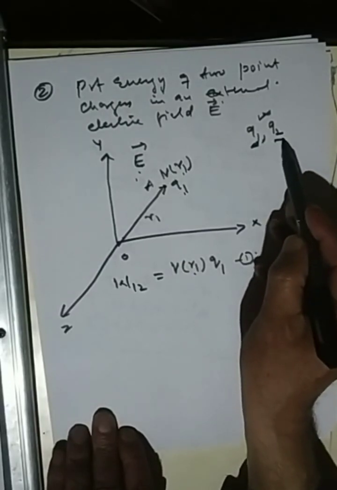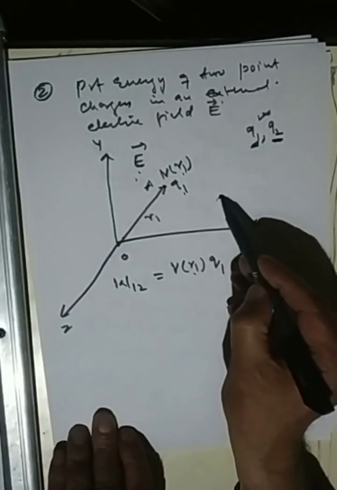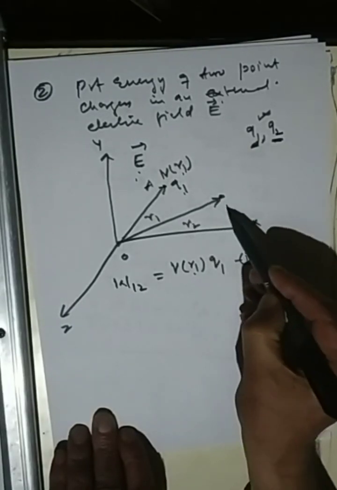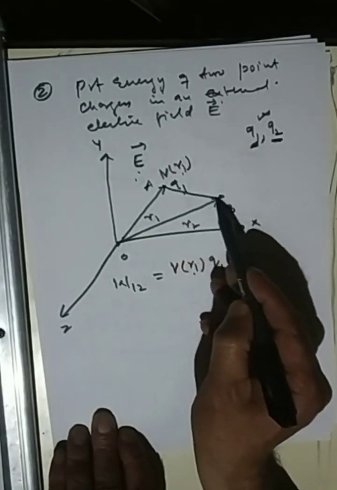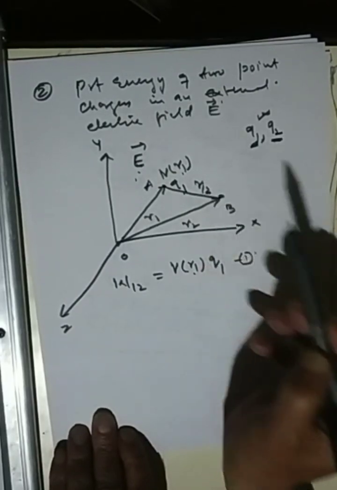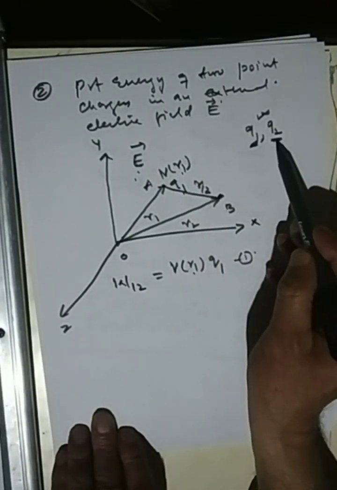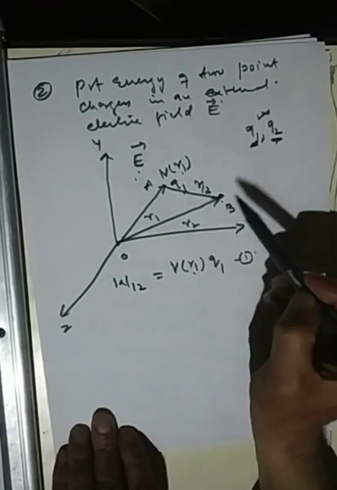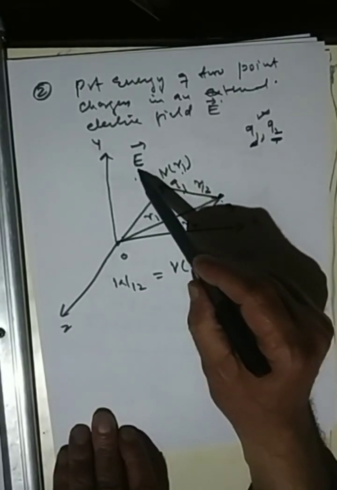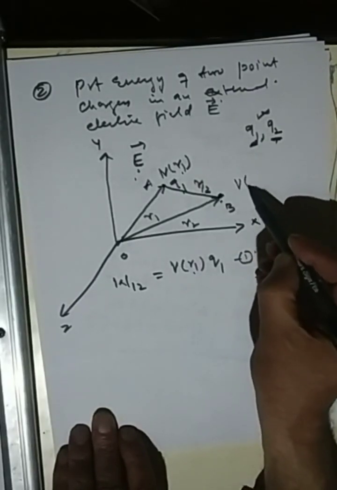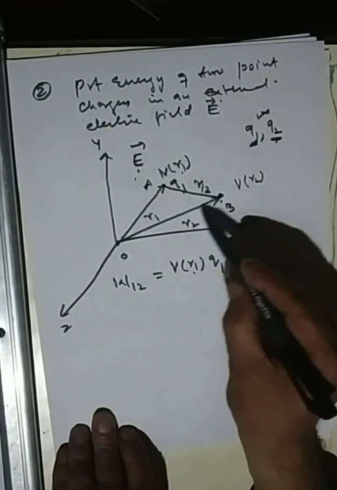Now we want to bring this Q2 to the point where the position vector is R2. This distance is R1. Before we bring Q2 to point B, because of the electric field at this point there will be a potential V(R2), because its position vector is R2.